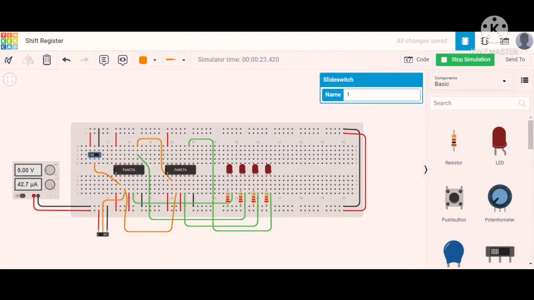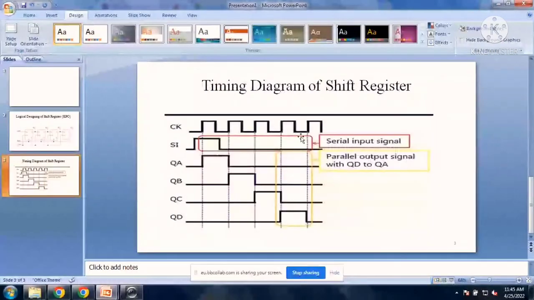So now, bete, let's see the timing diagram first. So here you see that in the timing diagram, at this time our clock input is 0.